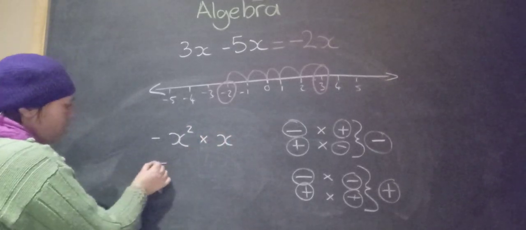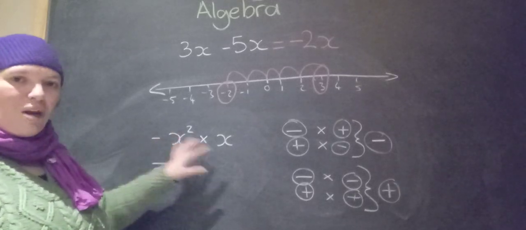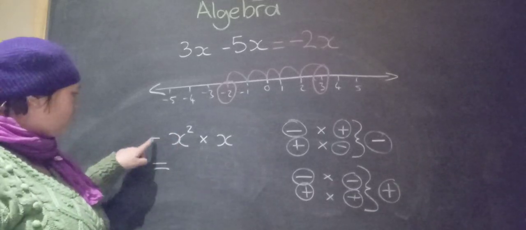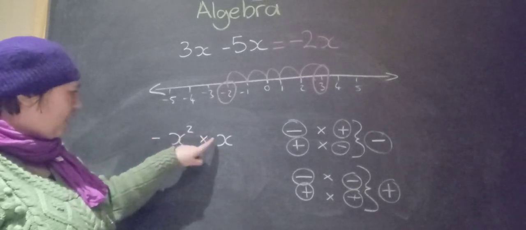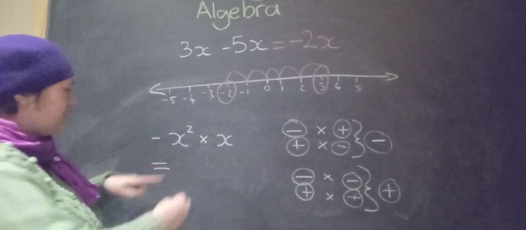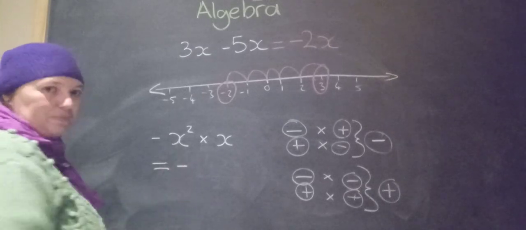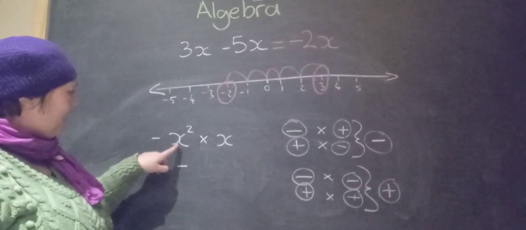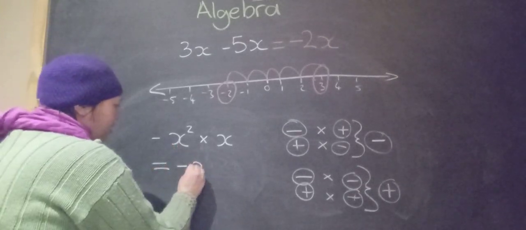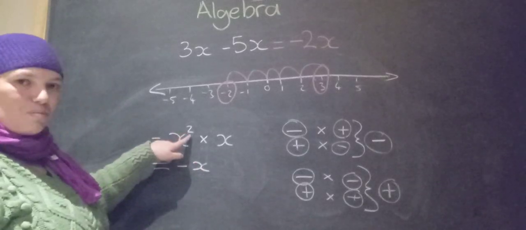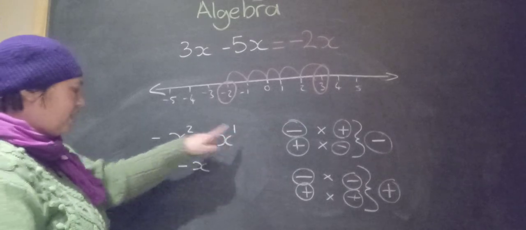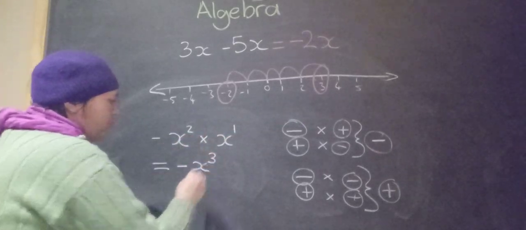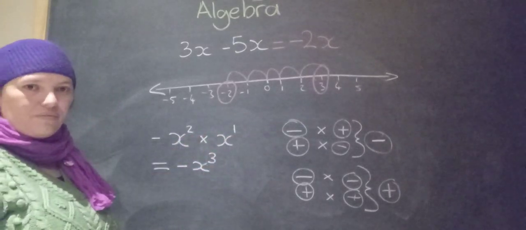Okay, so now if you're multiplying algebra things, we always start by looking at the sign. So it's negative and positive, they're different, so it's negative. Here we have an x, and then we look at the exponents. Here we've got 2, here we've got 1. So then we've got 3 of them in total. Okay.